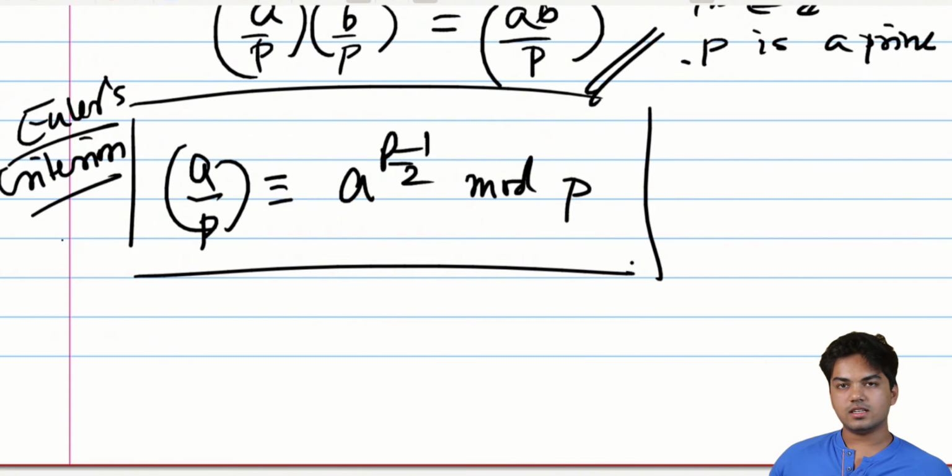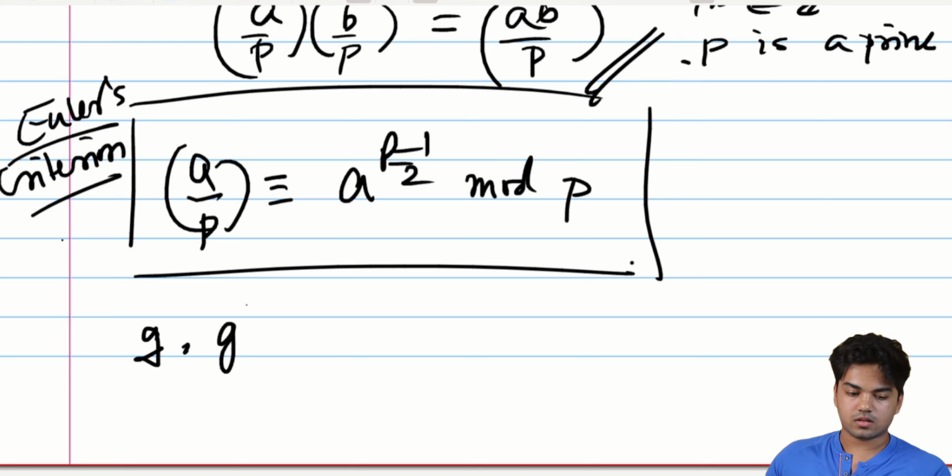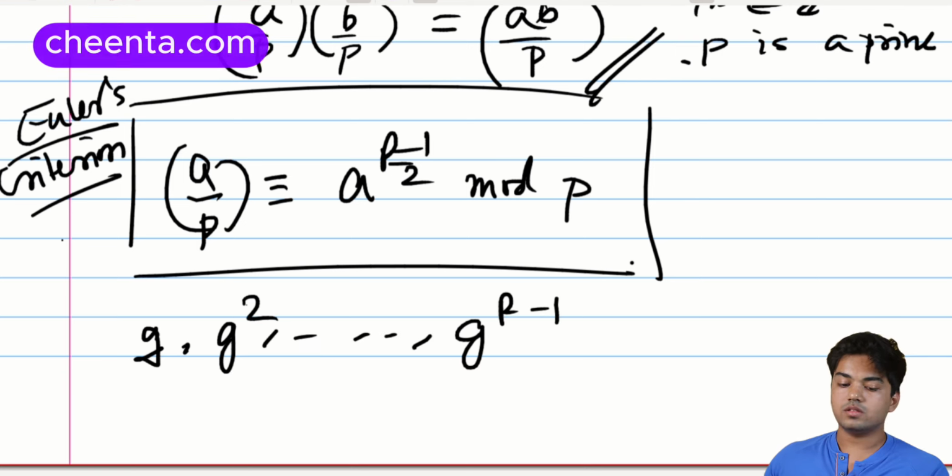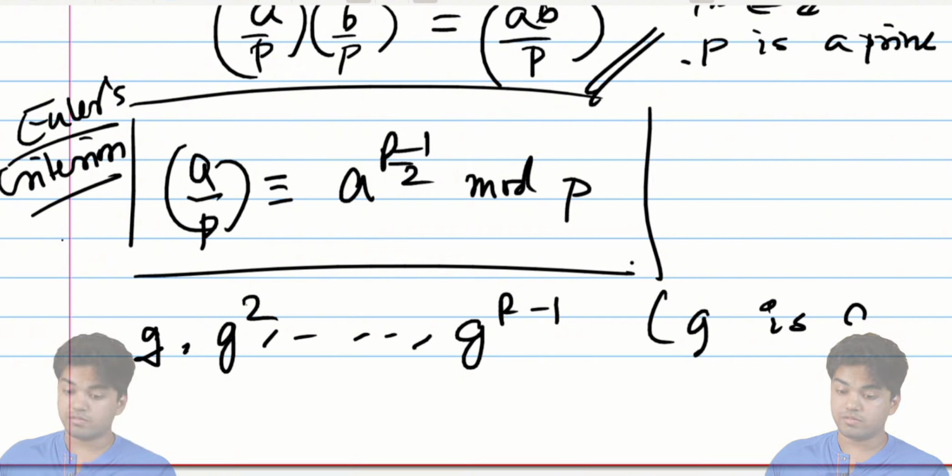This weird result is much harder to remember than just thinking about primitive roots, which we have covered in my last video in the number theory series. Recall that all the non-zero residues mod P are different powers of some G, where G is a primitive root, which exists.